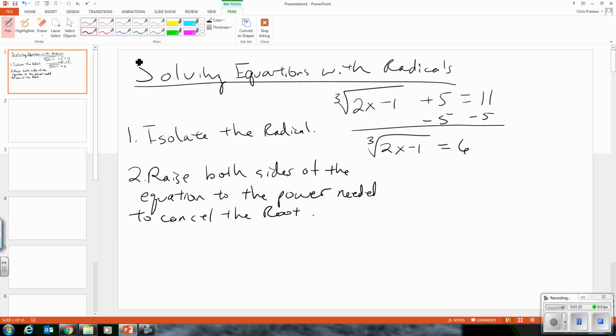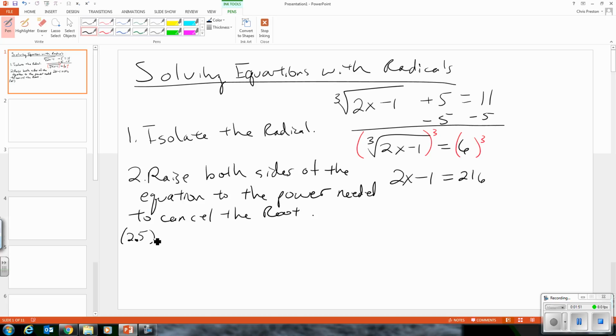So in this case, I want to raise both sides to the third power, because that'll cancel out the third root. Powers and roots are opposite operations, just like adding is the opposite of subtracting. So I get 2x minus 1 equals 6 to the third, 216.